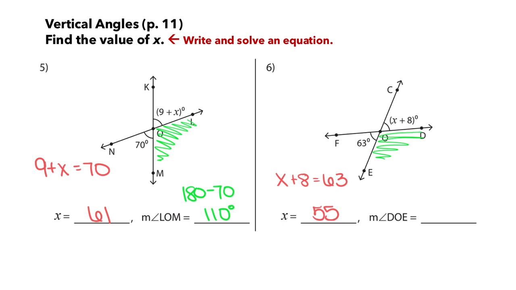All right, how would you find angle DOE up here? You do 63 times 2. All right, that's 126. And then you subtract that from 360. Okay. And then that gives you 234.